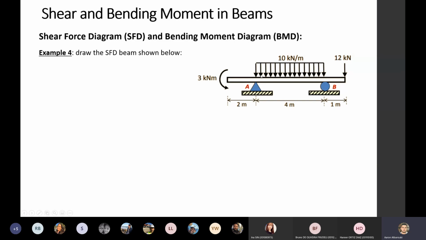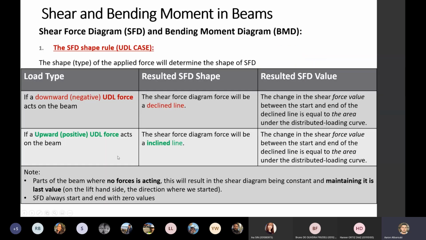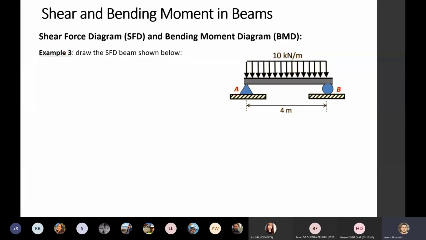I have a uniform distributed load here, then a gap, then a point load. If we have an area where we don't have any forces, that should maintain the same rule, it will maintain its last value. And again, the shear force diagram should start at 0 and finish at 0. Any questions about that before we look at this example?